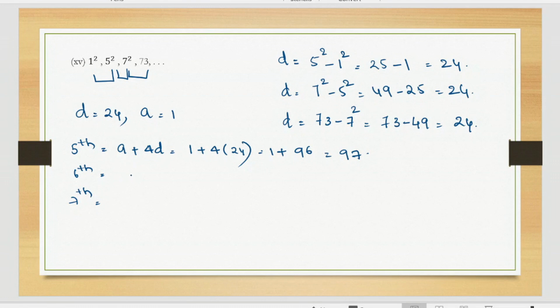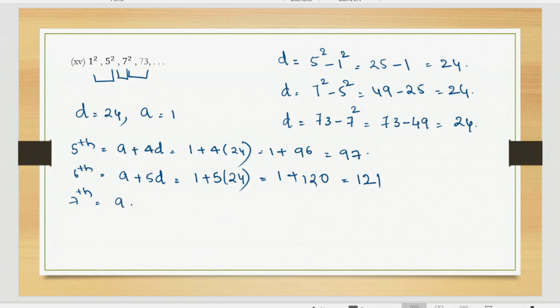And what is the sixth term? It is A plus 5D, which is 1 plus 5 into 24. 24 fives are 120. If you add 1, you will get 121.